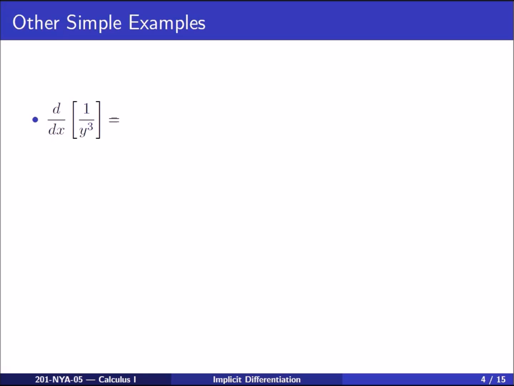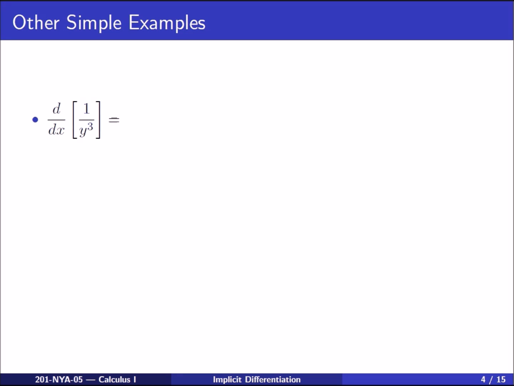Here are some basic examples of the chain rule where we are differentiating a function of x, which we call y. Here, in our first example, we have the derivative of 1 over y cubed with respect to x. So it's a ratio. It's tempting to use the quotient rule, but because we have a constant in the numerator, we can do something better, at least easier.